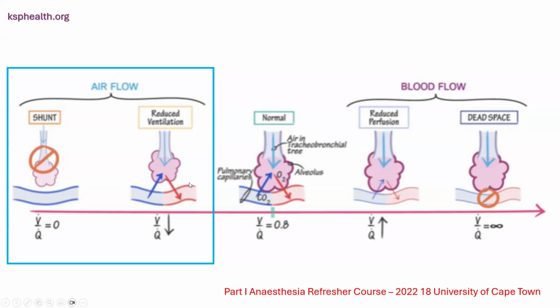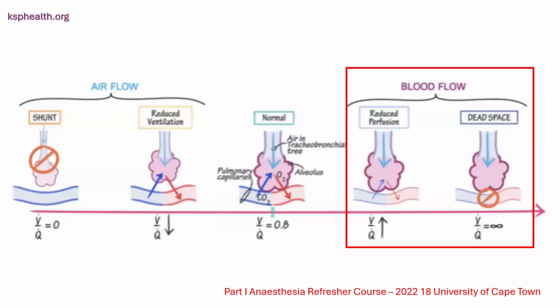The obstruction may not be complete, so there is a reduced ventilation. Even though ventilation happens, the oxygen diffusion does not happen well. As a result, the deoxygenated blood is not completely oxygenated, so more deoxygenated blood is carried to the heart.